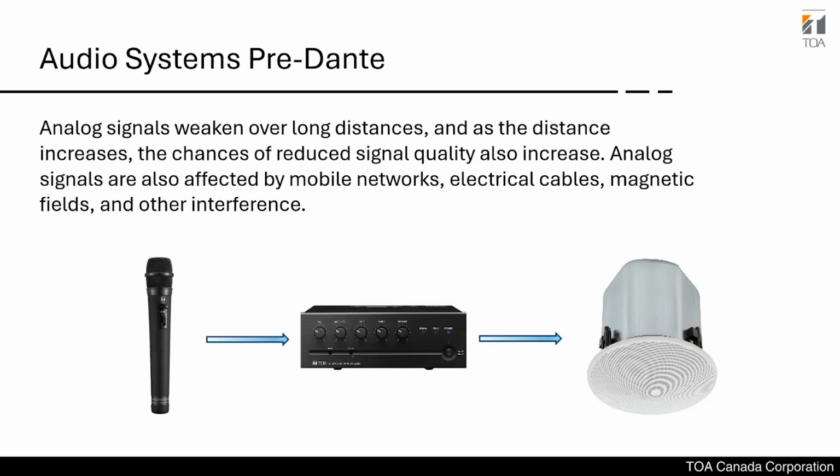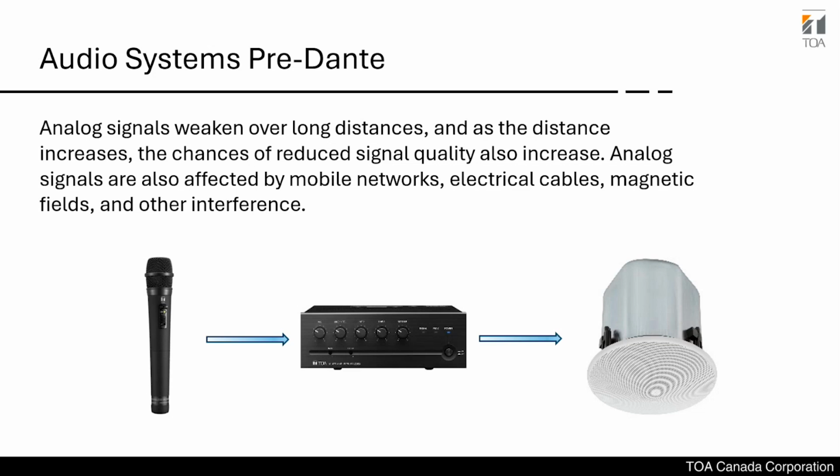As everyone knows, an analog signal has limitations. It can only go a certain distance. Even if we use very good quality equipment and very good cables, we still have an issue when we send the signal over a long path. The signal can also be disturbed by mobile networks.